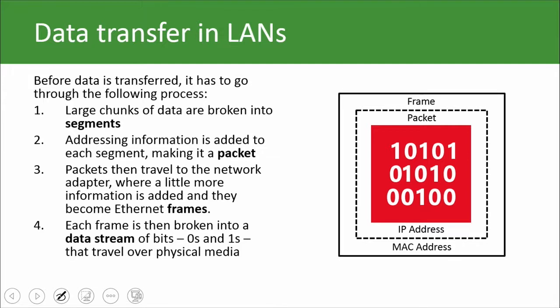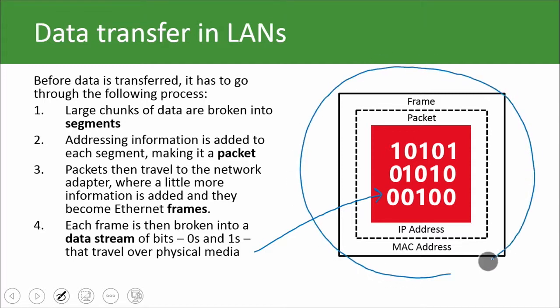And then each frame is broken into the bits that we see on the screen. This visual might be a little confusing, but just know that data is ultimately going to be represented in bits before it's transmitted across a network. So this whole thing ends up taking this form, and then it's transferred over a physical medium in binary.